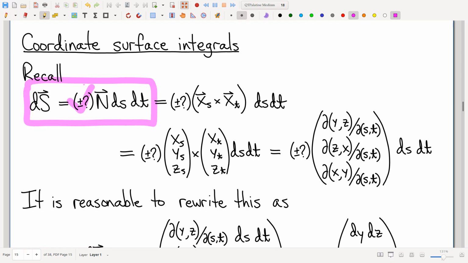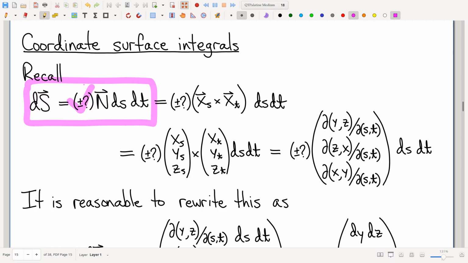By the way, I put the plus minus in here because I wanted to leave open the possibility that we might parameterize upside down, and I don't want to impose that you have to parameterize the correct direction, because in practice, day in and day out, that's just not how stuff tends to go down. So that's in there to give us that additional freedom.